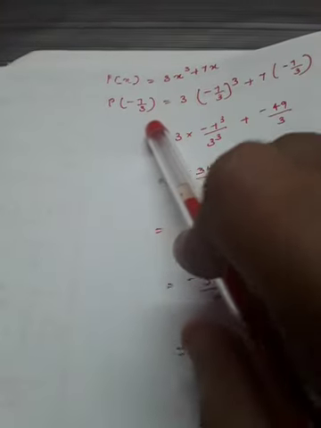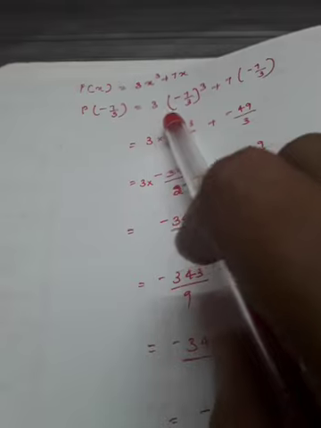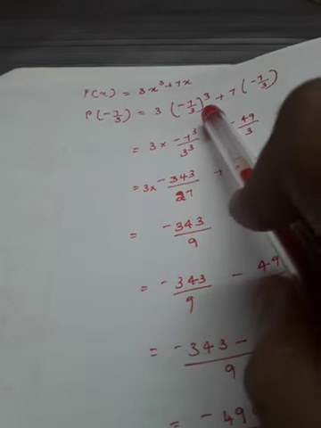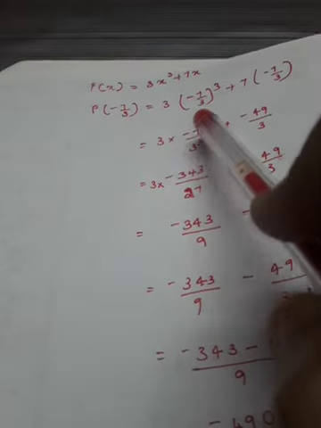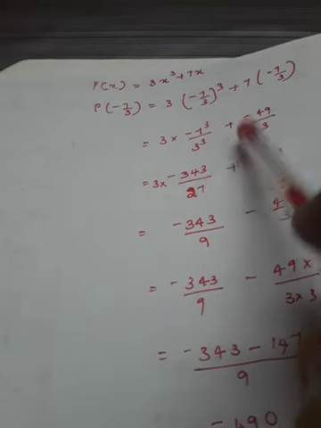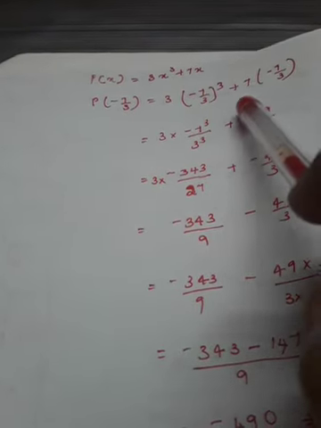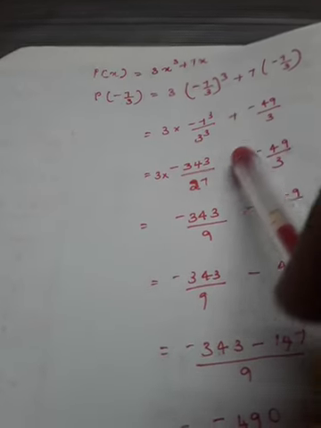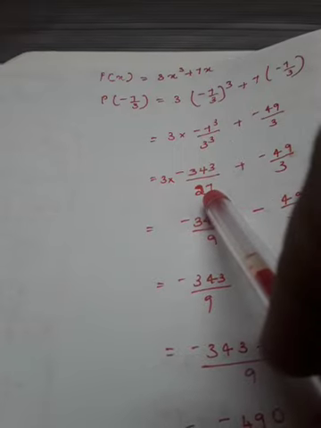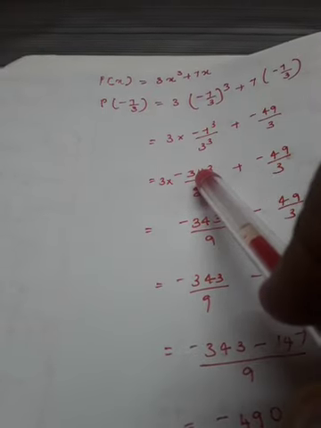So P of negative 7 by 3 is equal to 3 into negative 7 by 3 cube plus 7 into negative 7 by 3. 3 into negative 7 cube by 3 cube plus negative 49 by 3. 7 into 7, 49. Positive into negative, negative. Now 3 cube is 27. 7 cube is 343.